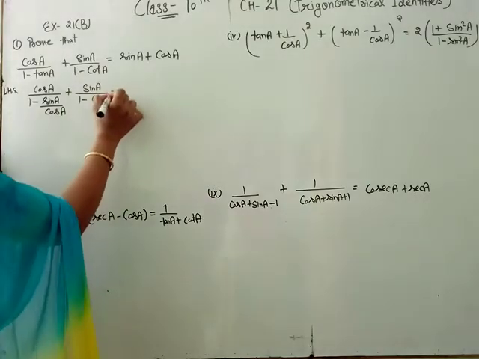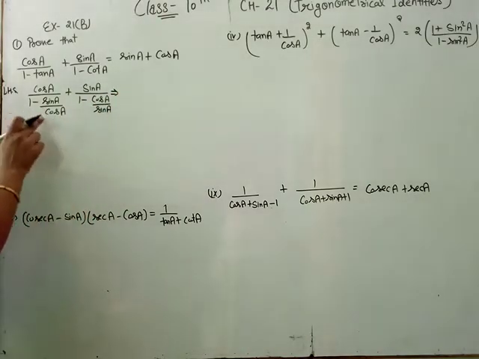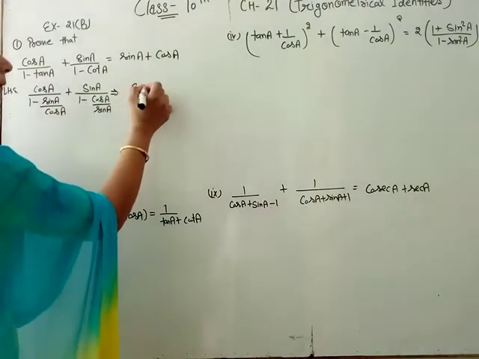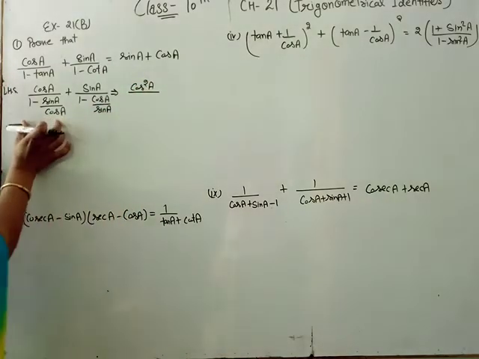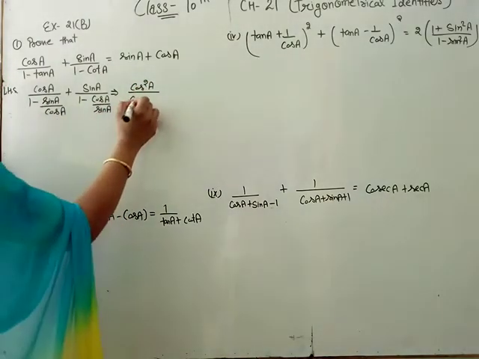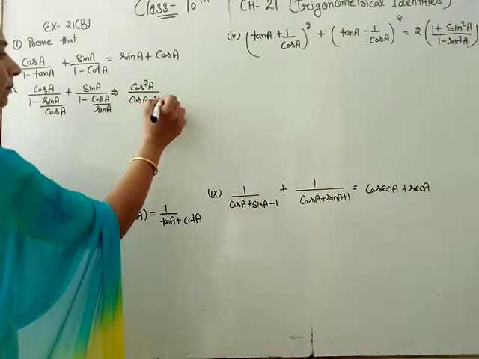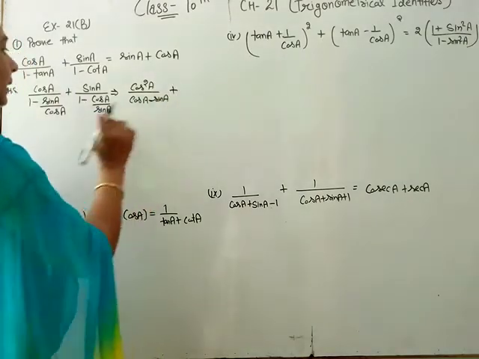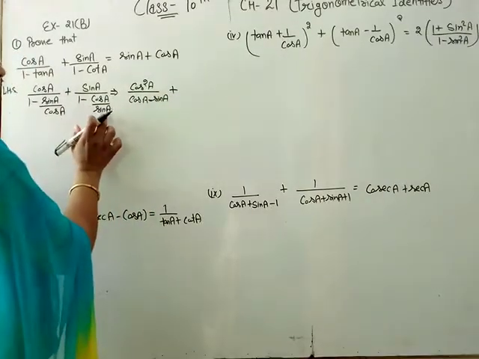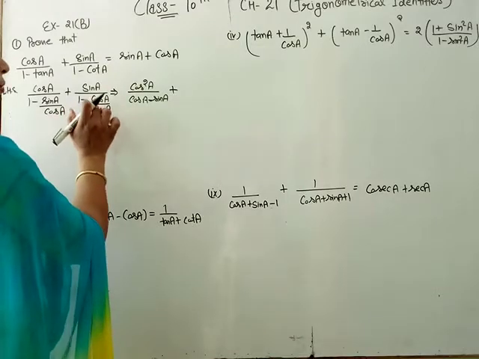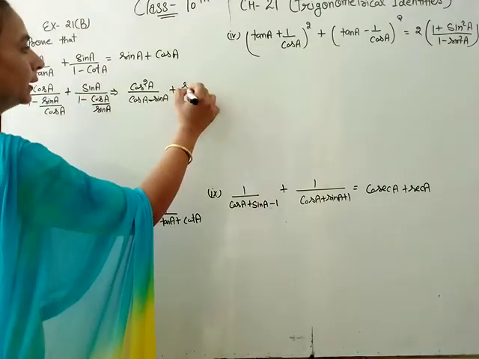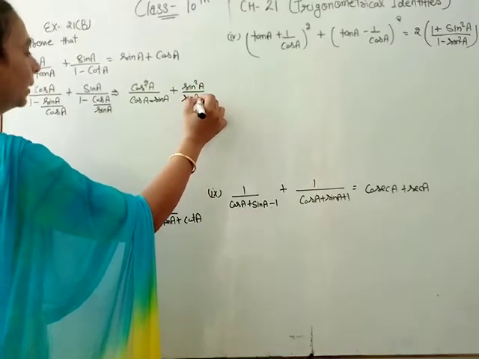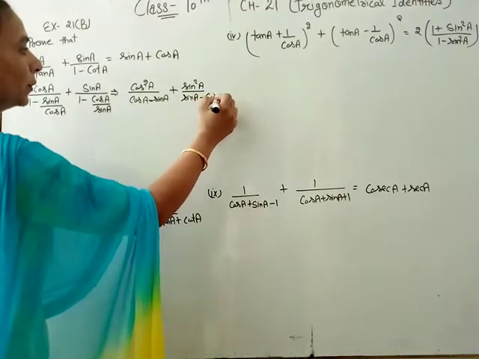This implies that, taking LCM cos A, cos A times (cos A minus sin A) over cos A, which gives cos square A divided by (cos A minus sin A). Plus, taking LCM sin A, sin A times (sin A minus cos A) over sin A, gives sin square A by (sin A minus cos A).